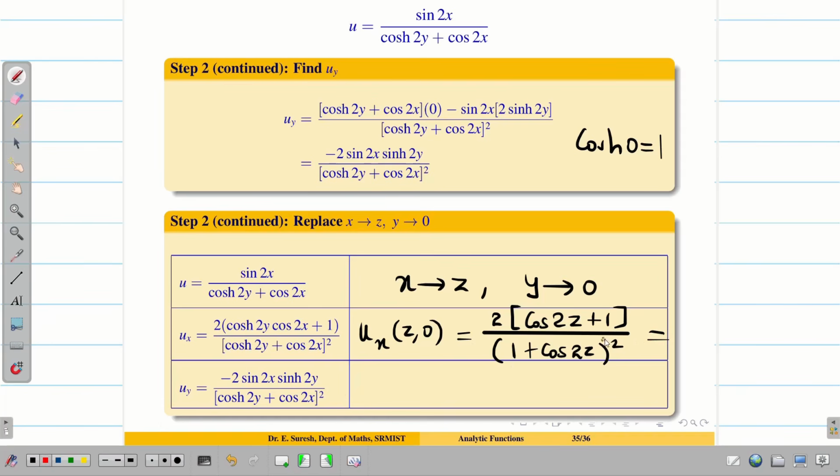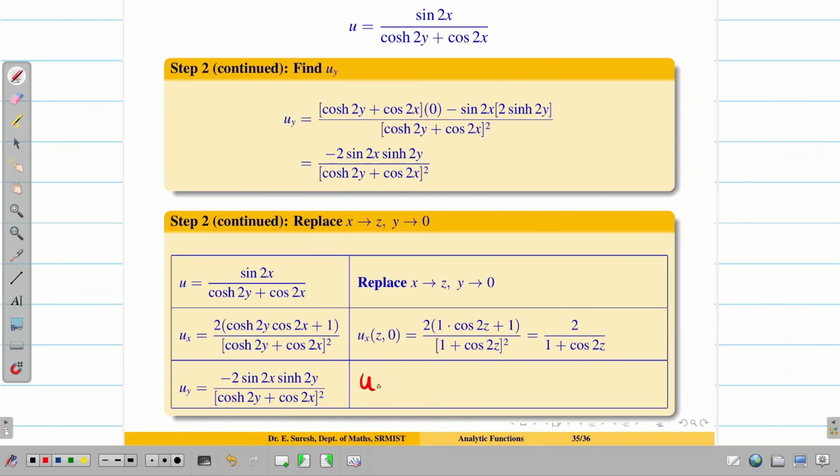So now I can cancel this numerator with denominator. Finally we get 2 divided by 1 plus cos 2z. When you come to uy of z comma 0, if you put sinh 0, it is 0. Since we see cosh 0 is 1 and sinh 0 is 0, uy of z comma 0 is 0.